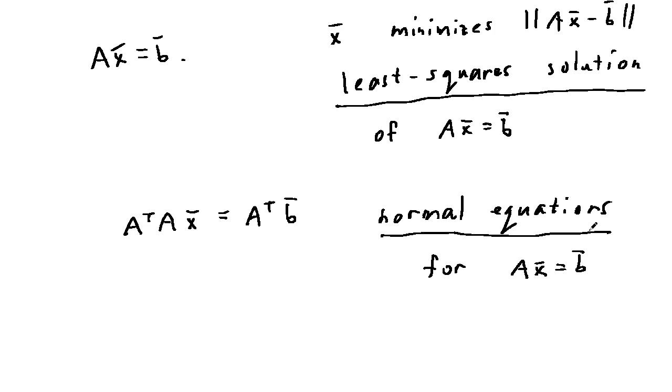Thus, in order to find a least squares solution of Ax equals b, we can simply find the solutions to this equation.